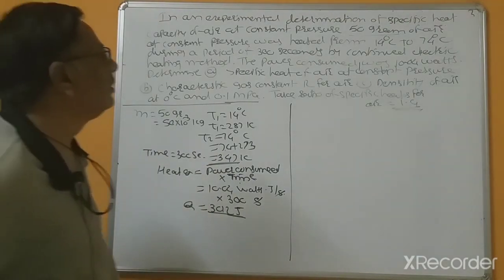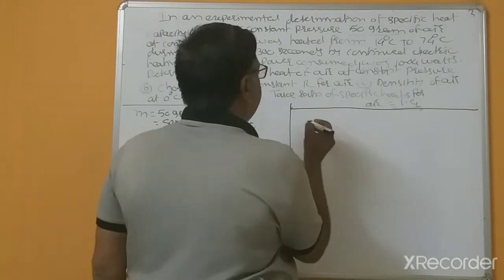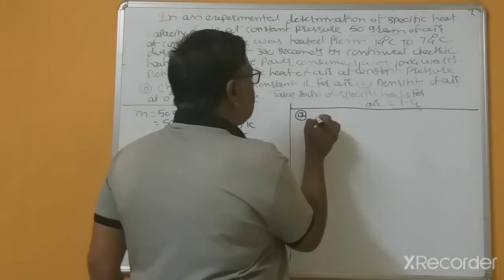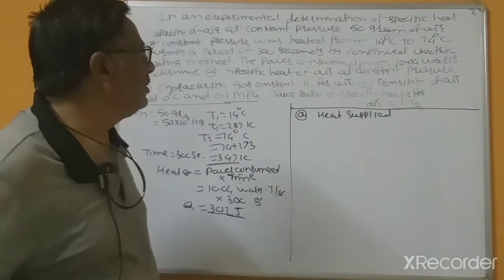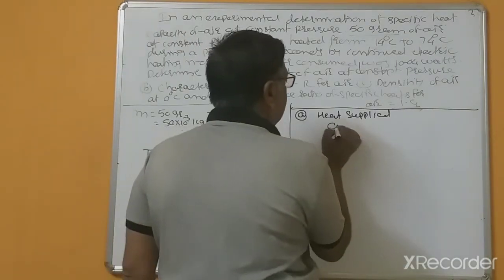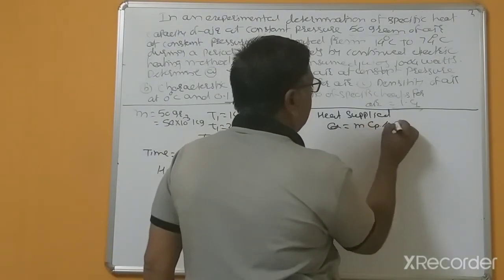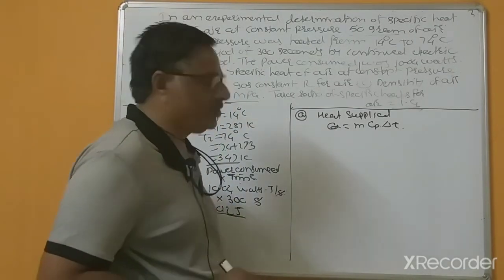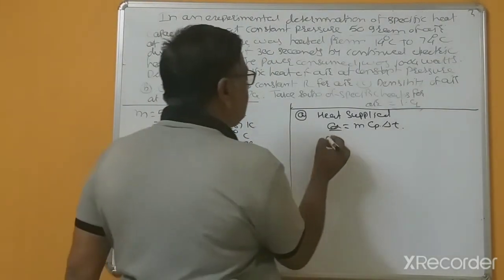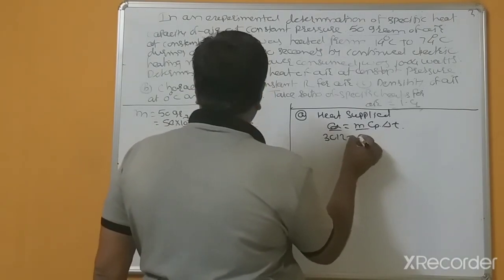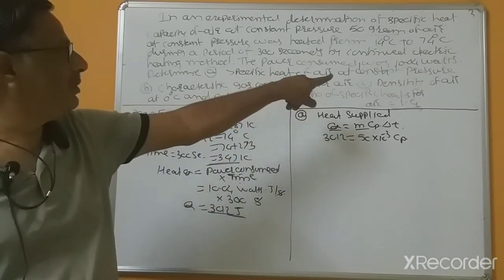So what is asked here? First bit, the specific heat of air at constant pressure. Because Q is a known value, for constant pressure the equation is Q equal to m Cp into delta T. Q is 3012, m is 50 into 10 to the power minus 3, and Cp is to be calculated.